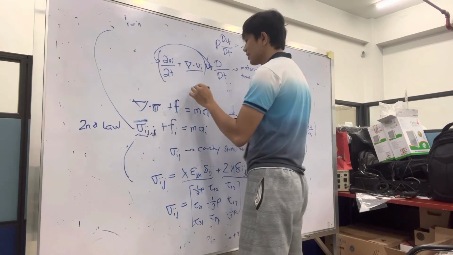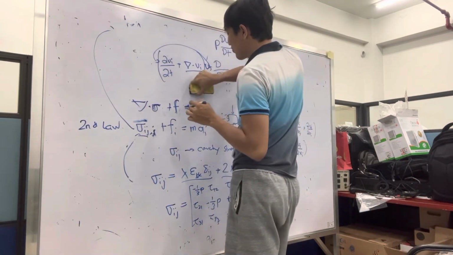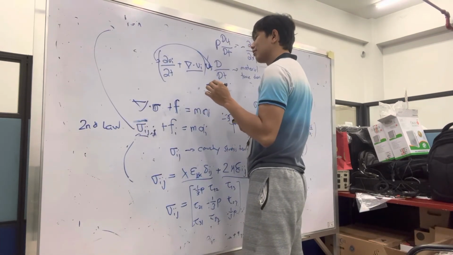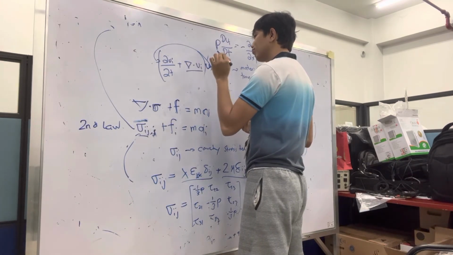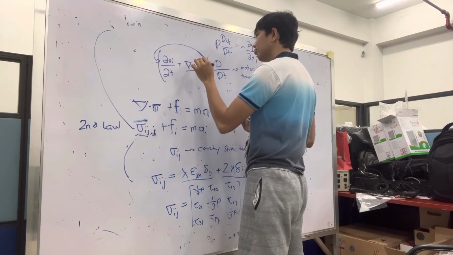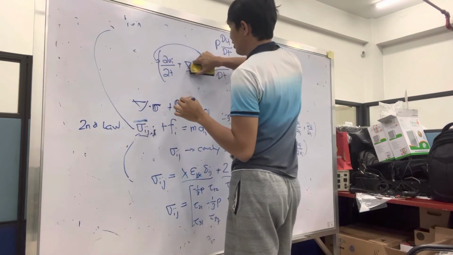Yung component ng velocity na yun, pwede mo siyang i-interpret as u_i.